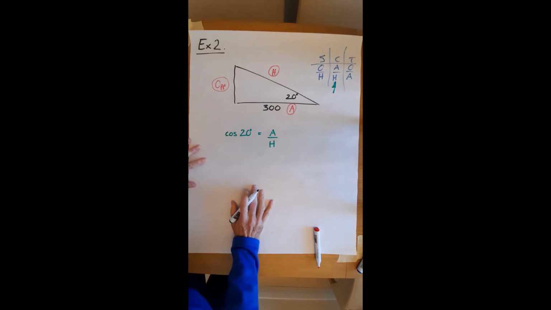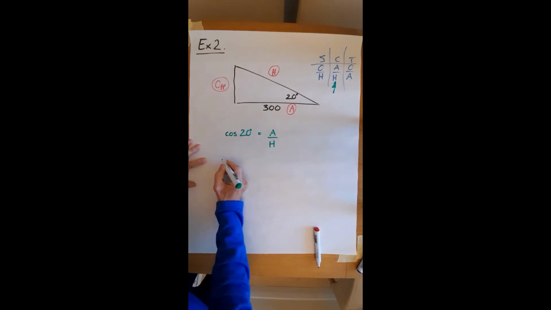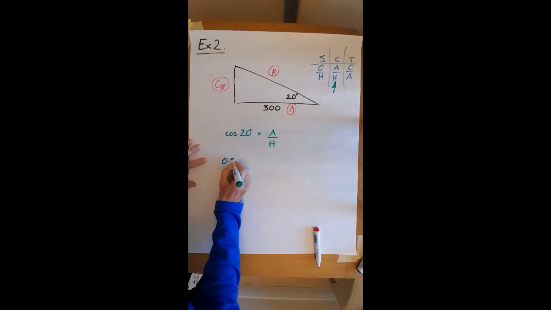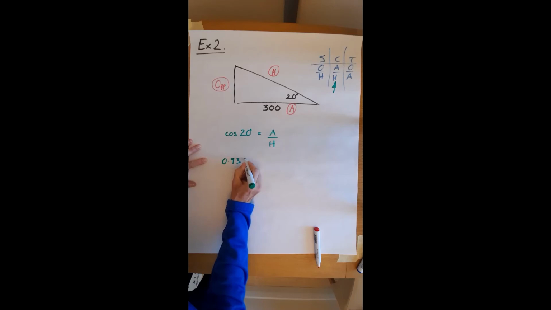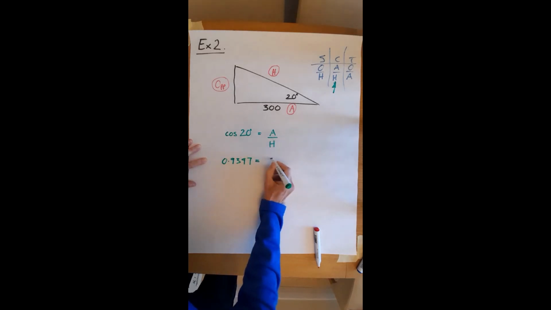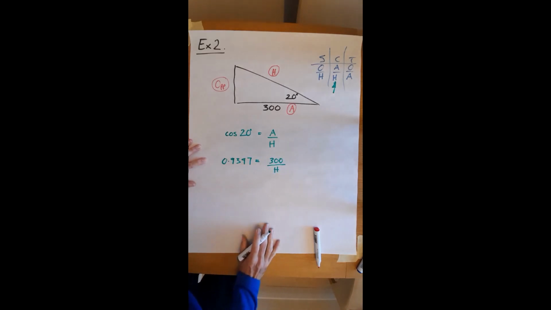Let's put some numbers in. Cos 20, do that in your calculator, 0.9397 is the adjacent is 300 and H is the thing we want to find.